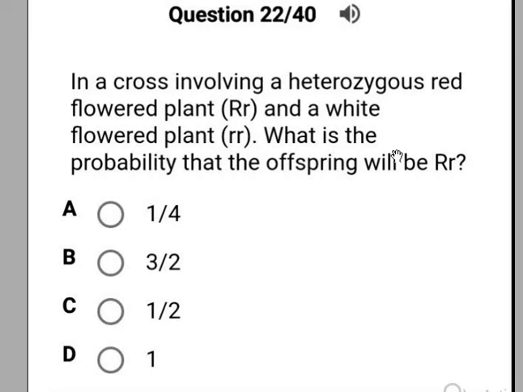These questions need a diagram to be calculated in order to find the probability. So let's draw it.